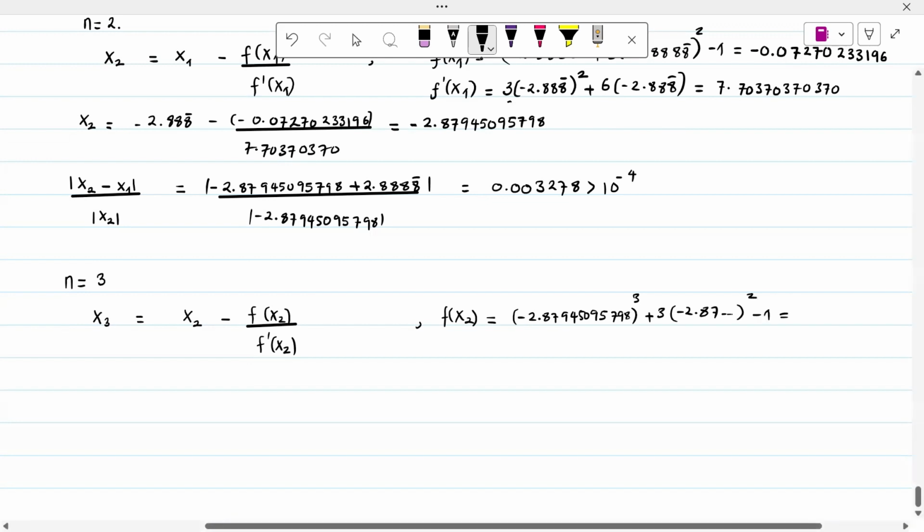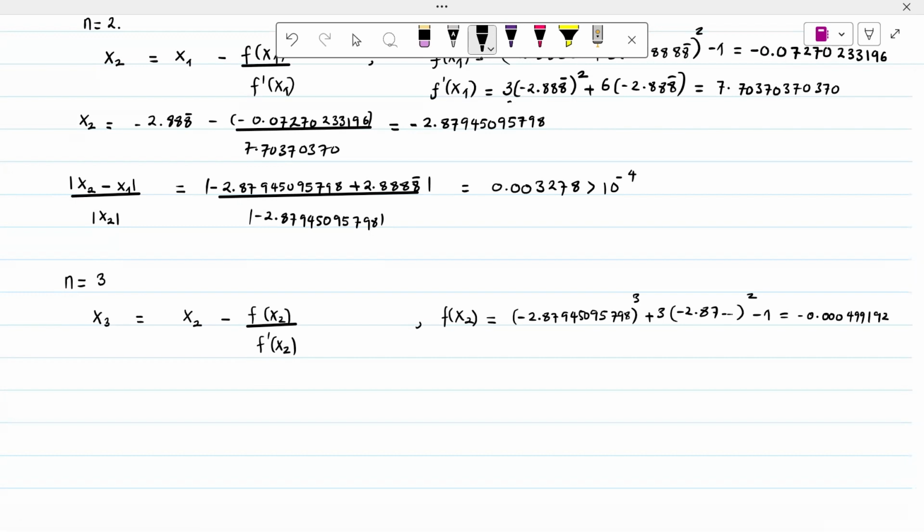And let's see what we get here. Okay, so this is a negative 0.000, 499. Check. Don't just be content with the value. Okay, 92 and then 27.